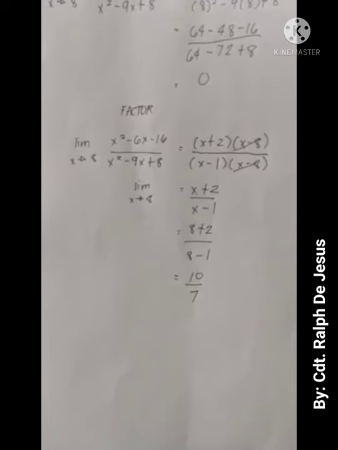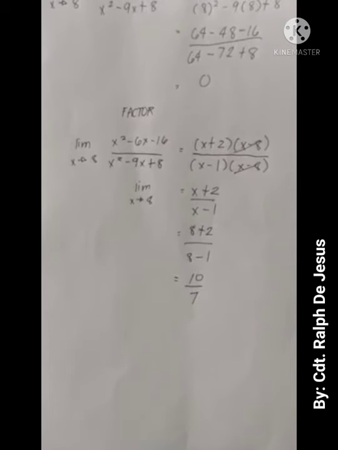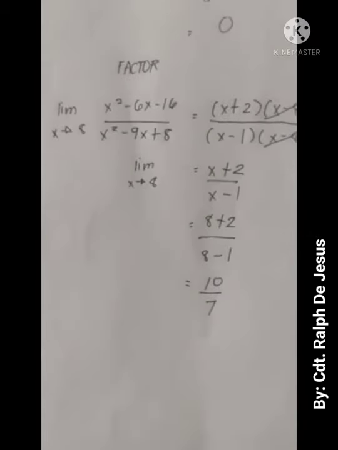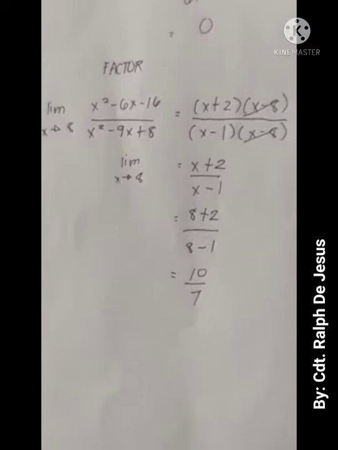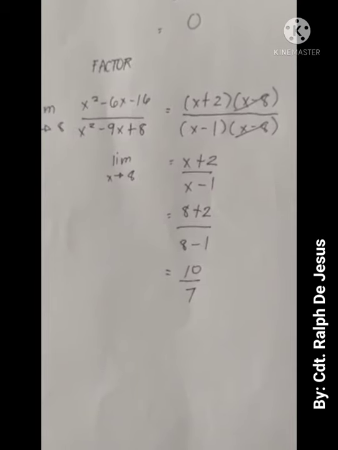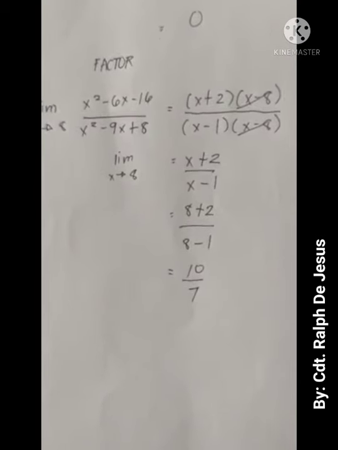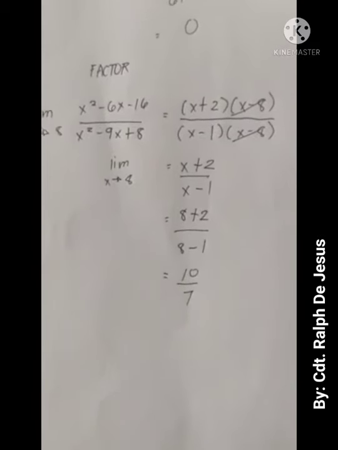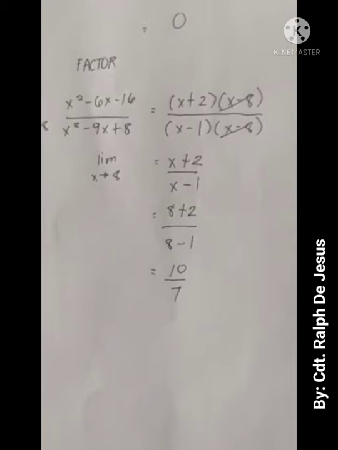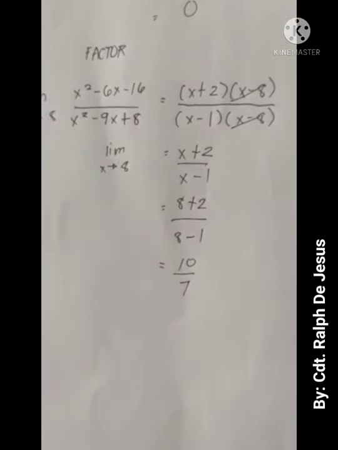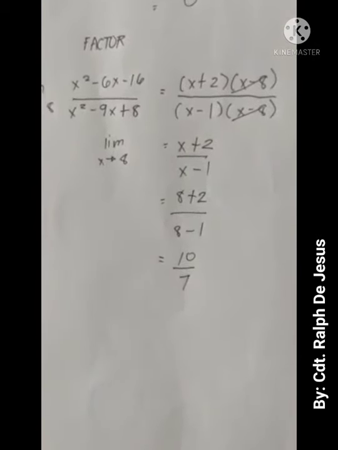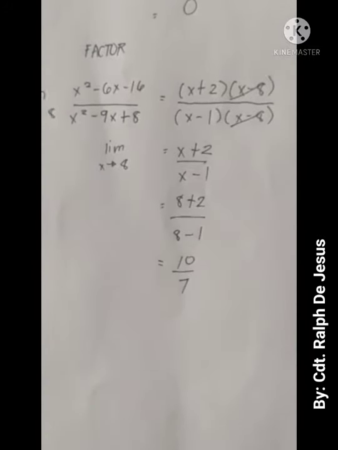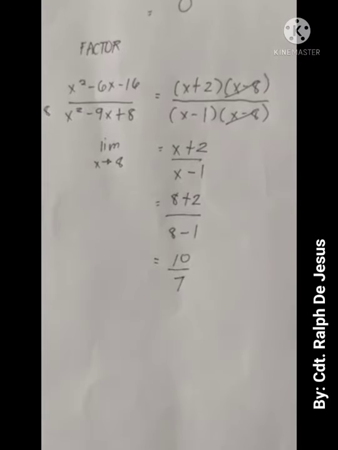So the limit as x approaches 8 of x squared minus 6x minus 16 over x squared minus 9x plus 8. First, what we need to do is to factor. We can factor the numerator: what two numbers multiply to negative 16 but add to the middle coefficient of negative 6? This will be positive 2 and negative 8.